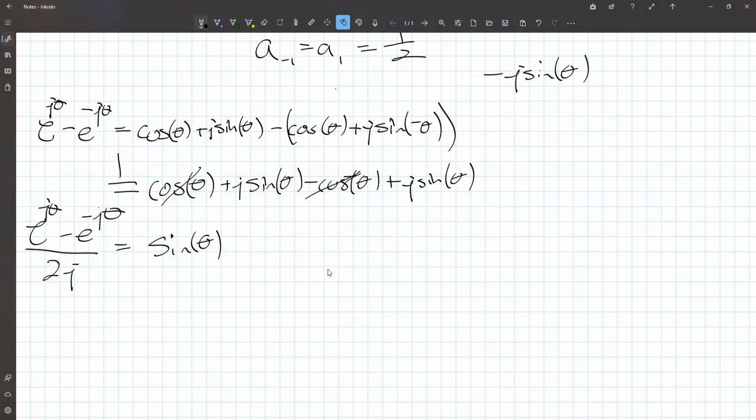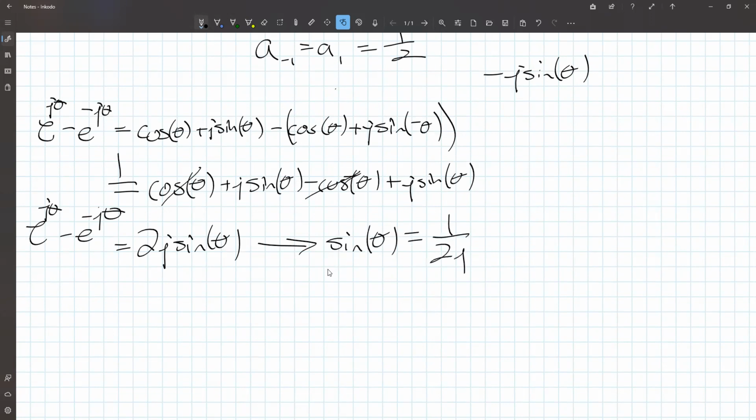Let me write this a little cleaner. I get 2j sine theta. And that means that sine of theta is equal to 1 over 2j e to the j theta, and then distribute minus 1 over 2j e to the negative j theta.